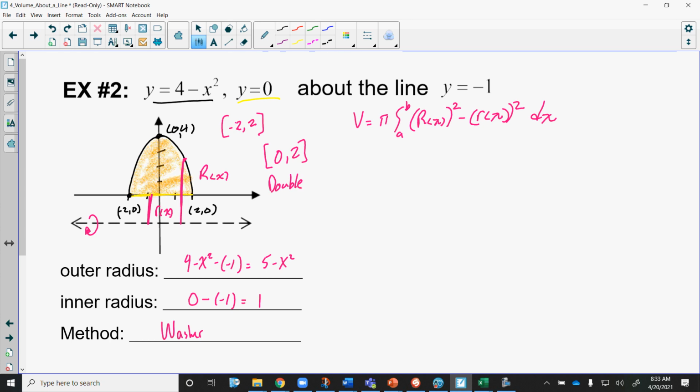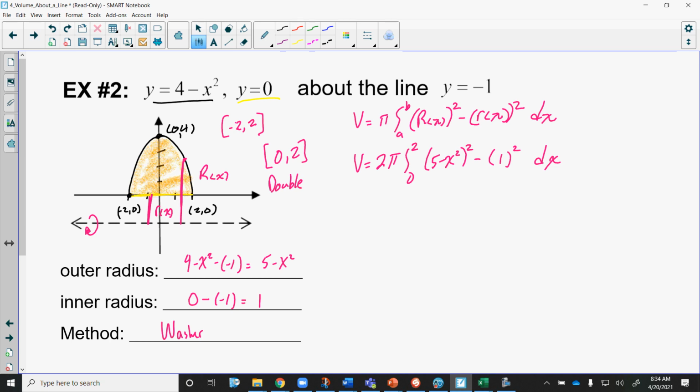I'm going to use symmetry here, so that way I can get a lower bound of 0, and I will just double whatever the integration is. So here I'm going to say volume will be equal to 2 pi times the integral from 0 to 2 of big R of x, which would be 5 minus x squared, squared, minus, in this case, 1 squared. And we're doing it horizontally, so that's in terms of x, dx like that.